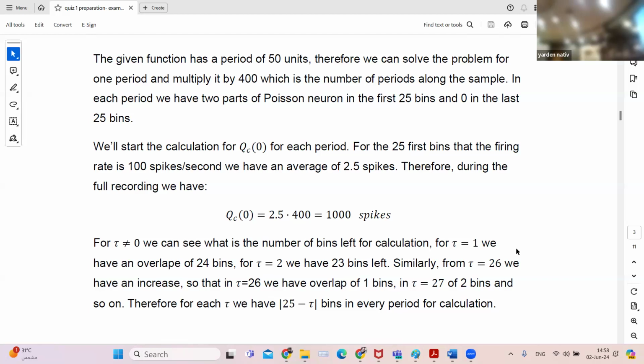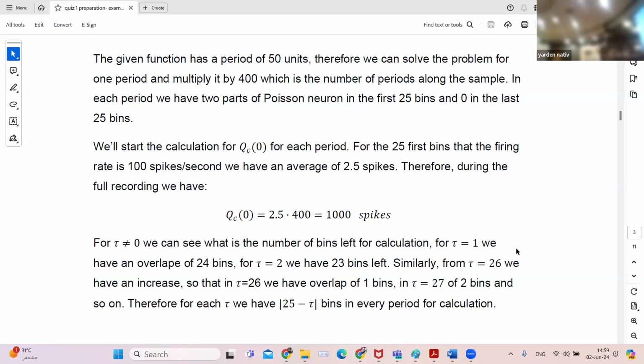What is the probability of a spike here to make a spike here? There are 2.5 spikes here, and 2.5 spikes here.